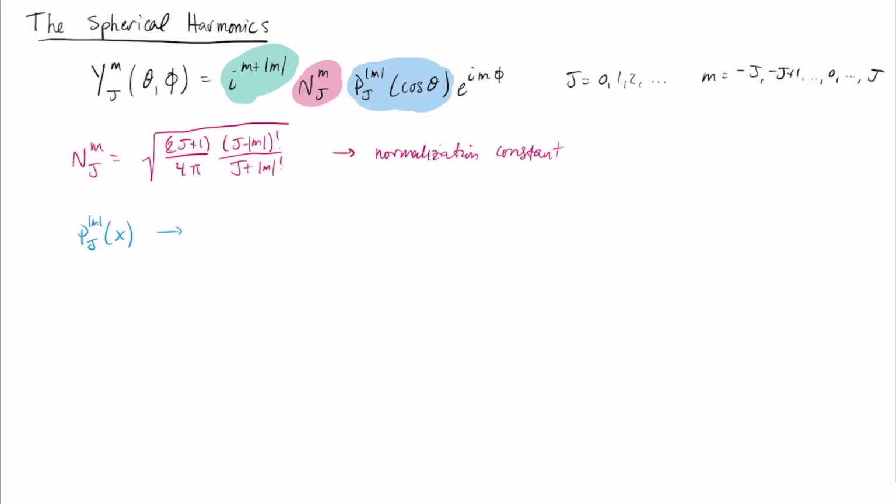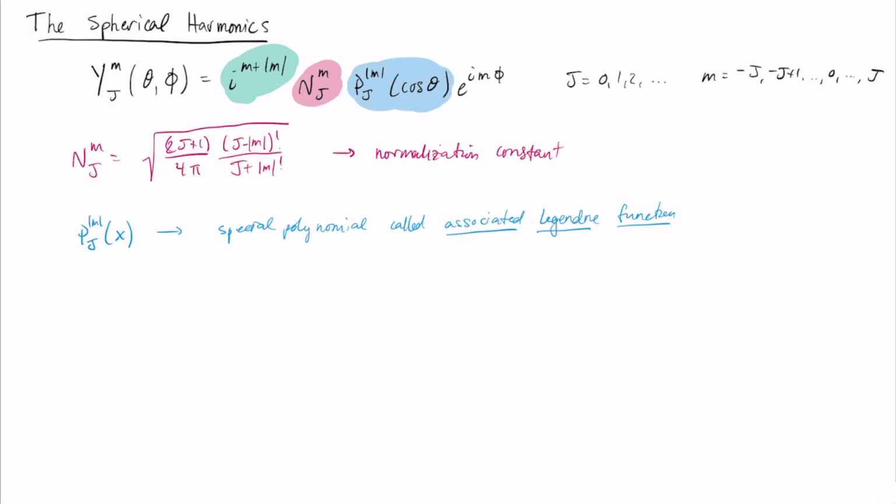This is a special polynomial called the associated Legendre function. This is another one of these special polynomials, just like what we saw with the Hermite polynomials, although this one is now named after Legendre, the Legendre polynomials.